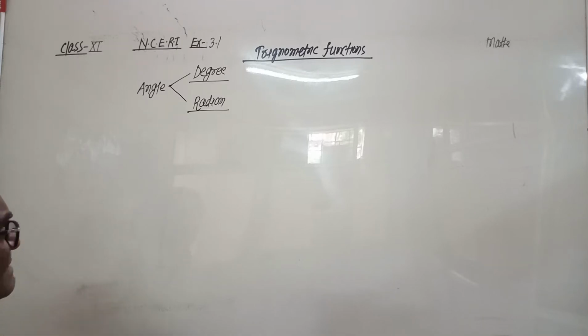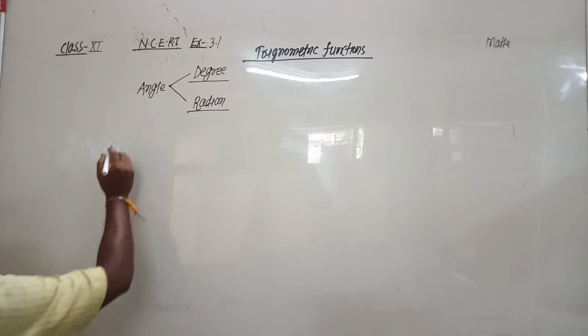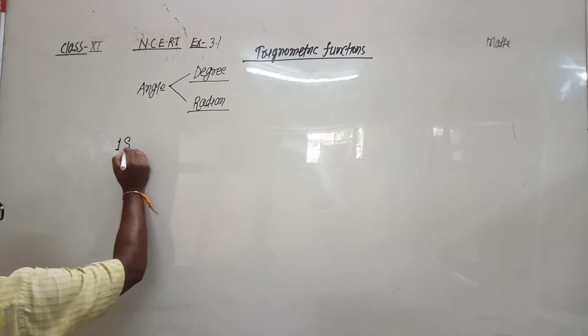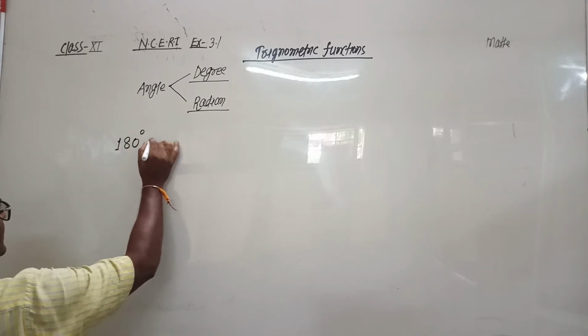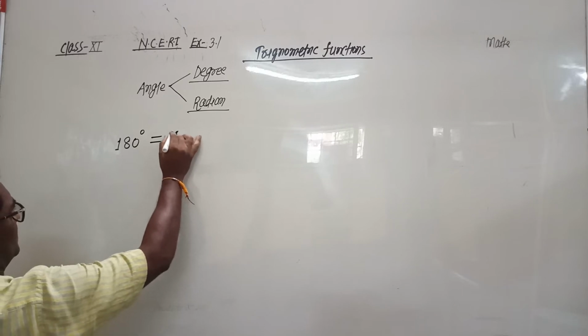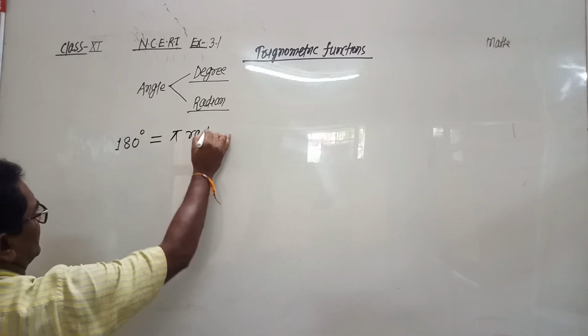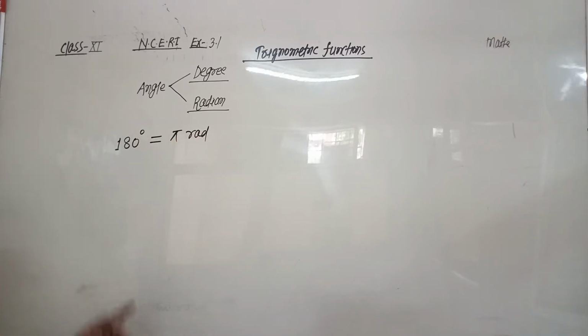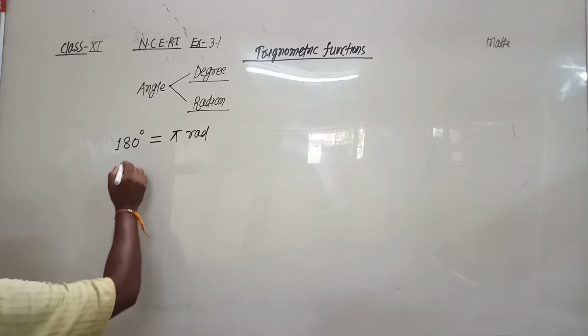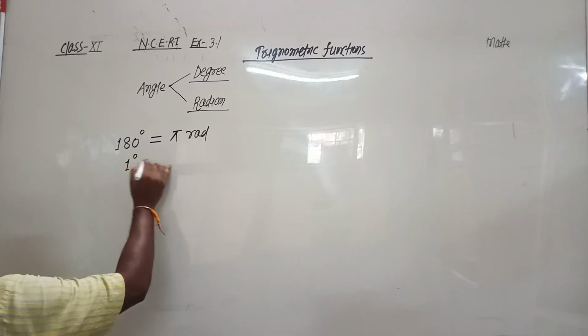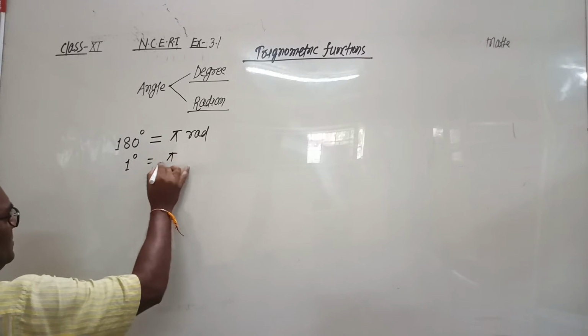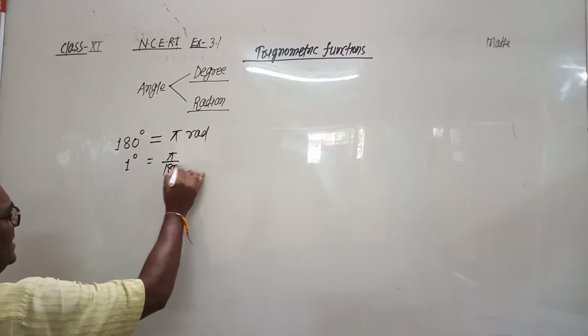And there is an interrelationship between degree and radian, which is 180 degree equals pi radian, and 1 degree equals pi by 180 radian.